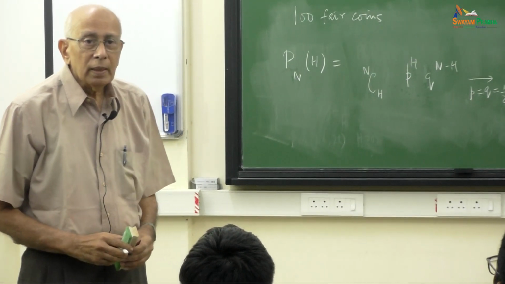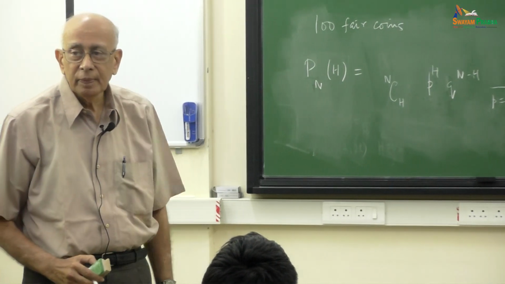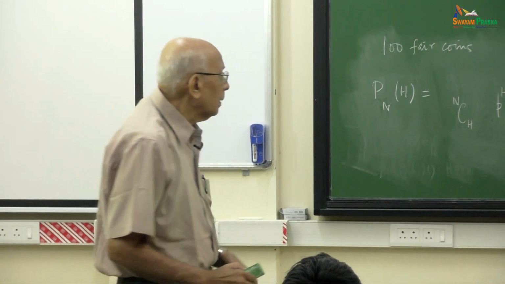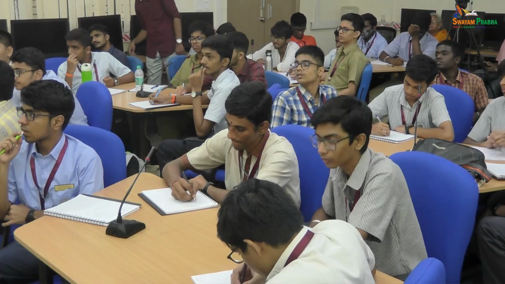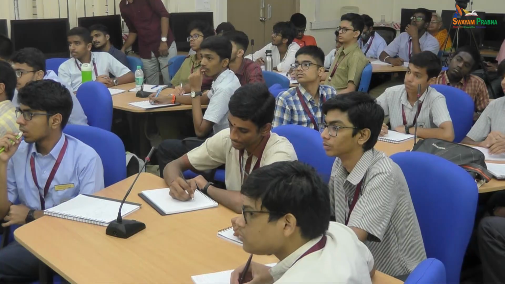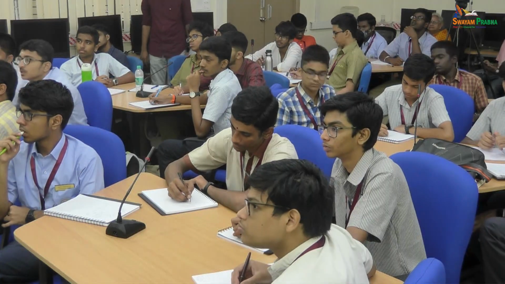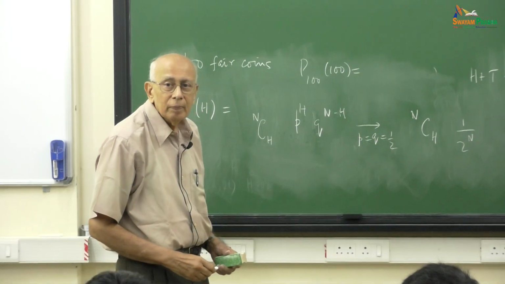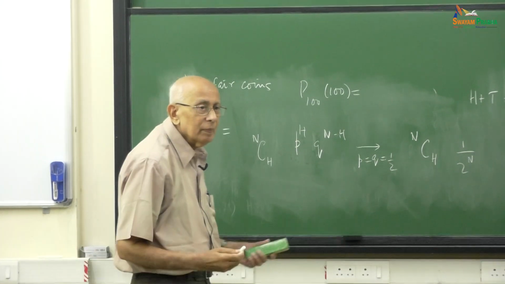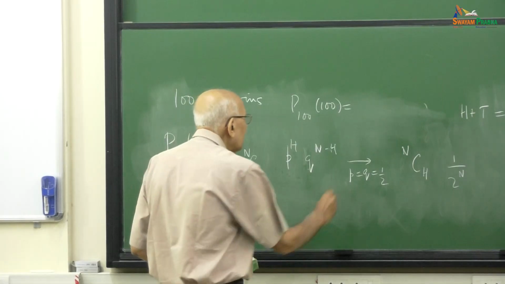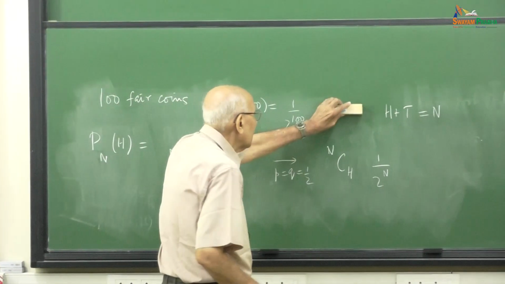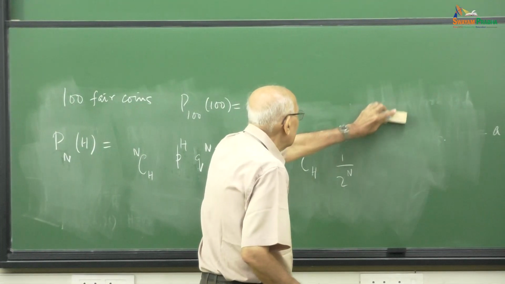What is the probability that all 100 are heads? 1 by 2 to the power 100. How big is that? Yeah, very small.